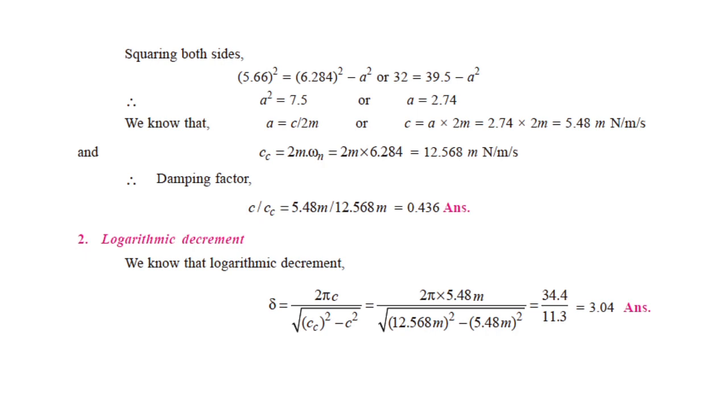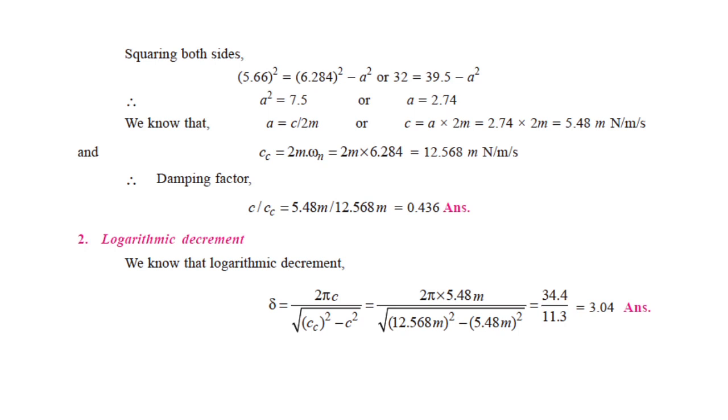Now we know one formula of omega d is equal to square root of omega n square minus a square. So here we know omega n as well as omega d. The only unknown is a square. Therefore find a square first from this. Once a is known, we have the formula of constant a is equal to c by twice m.